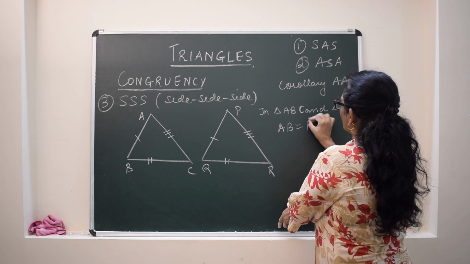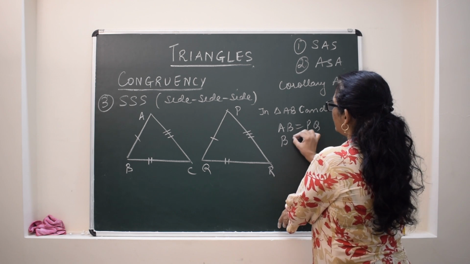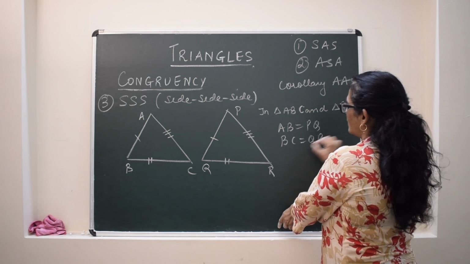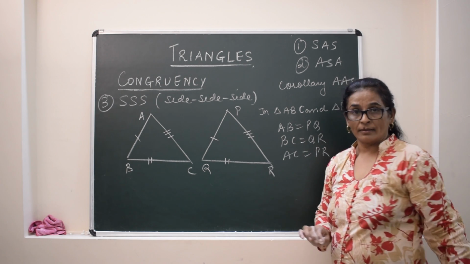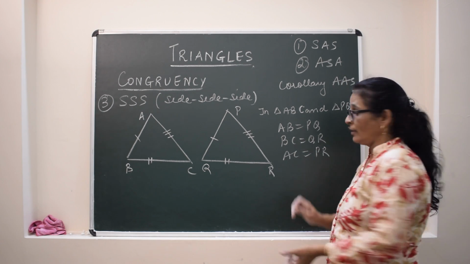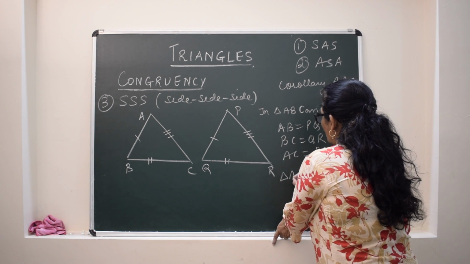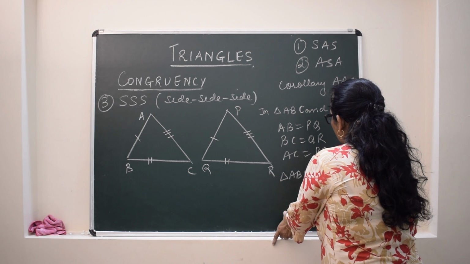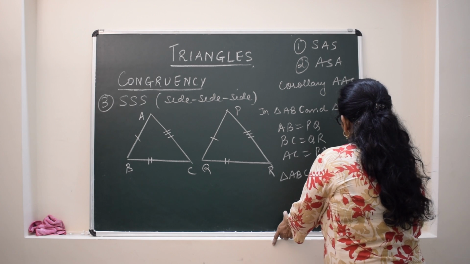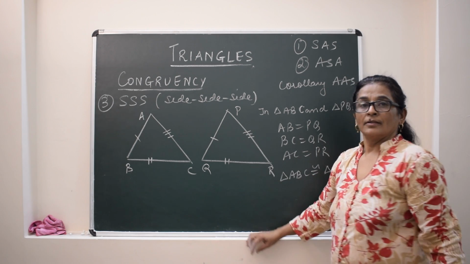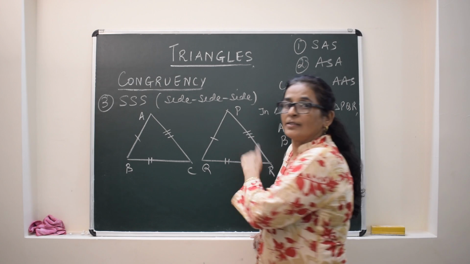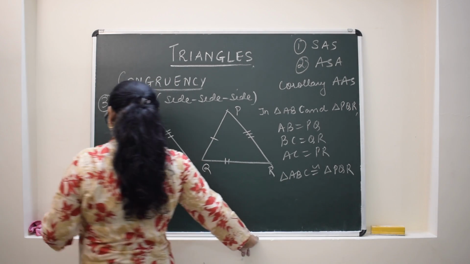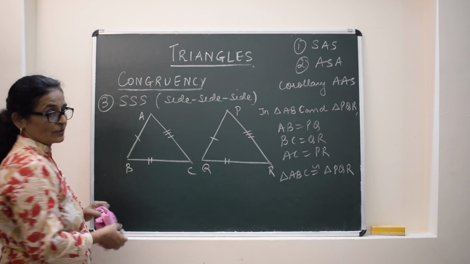AB is equal to PQ, BC is equal to QR and AC is equal to PR. Then the triangles will be equal and congruent. Okay, so three sides and three sides. Automatically the angles will also be equal. If you want to use that, you can use that also.